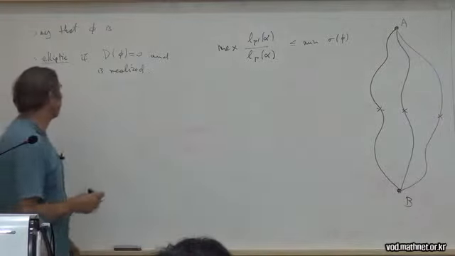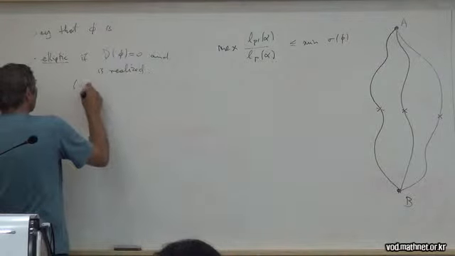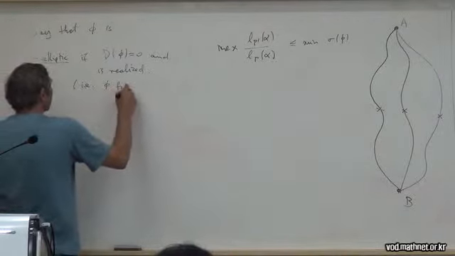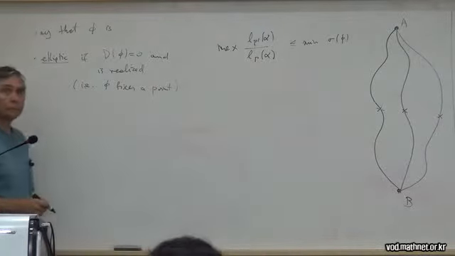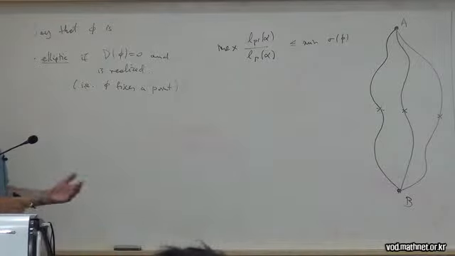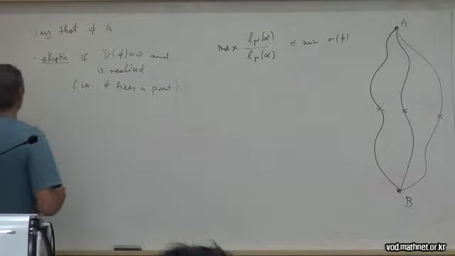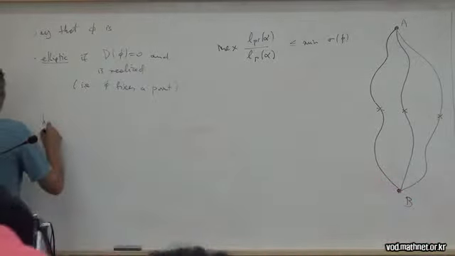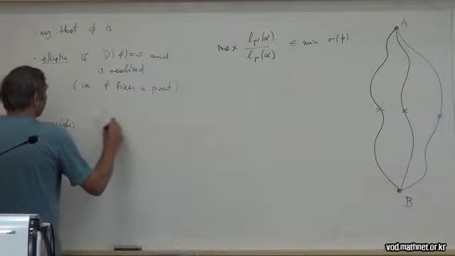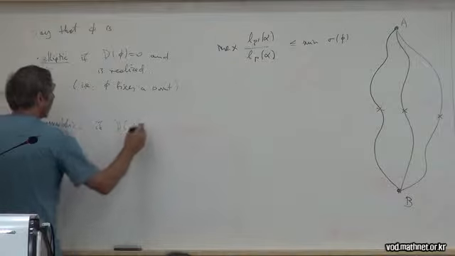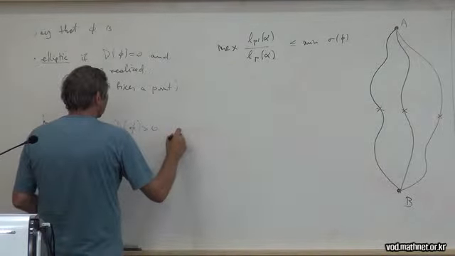In other words, this is of course equivalent, i.e. phi fixes a point. Okay, it's elliptic if it fixes a point. Now what else can happen? It can be hyperbolic. It's hyperbolic if d of phi is positive and is realized.